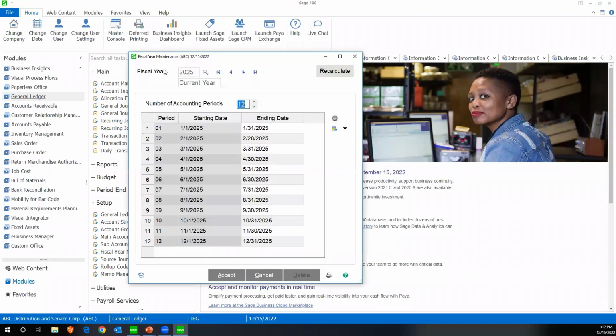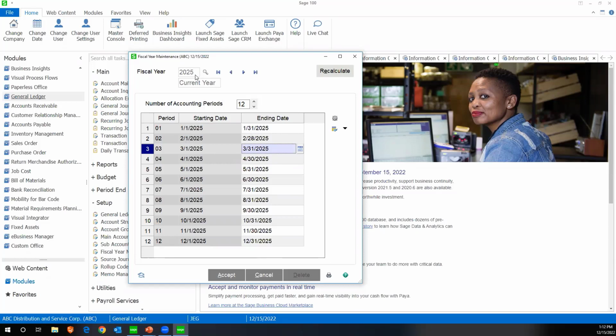This is where you define your individual fiscal years or calendar years. Okay, so if you're a calendar year or fiscal year, you've got to define these periods out here. And this is where it gets the ending date for whatever period it's closing. Okay, so that's where it's pulling that information from. So if you're not a calendar year, you just adjust these dates accordingly for the year that you start.